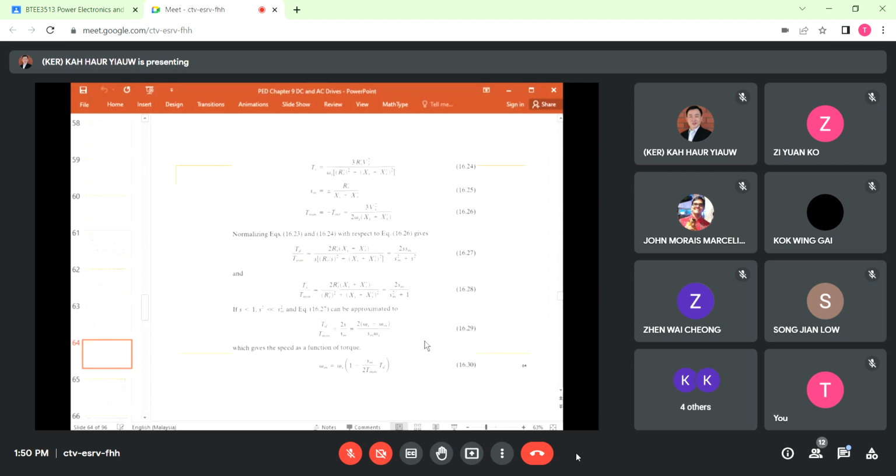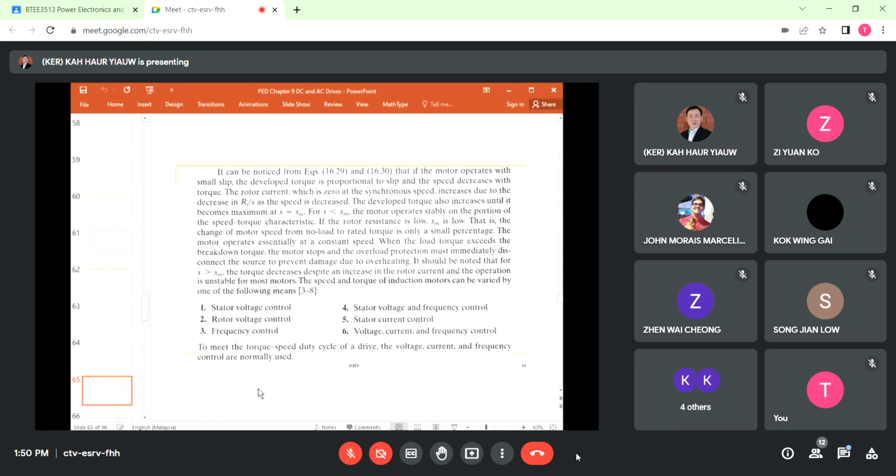By rearranging it, omega m can be obtained in equation 30. It can be noticed from equations 29 and 30 that if the motor operates with small slip, the developed torque is proportional to slip and the speed decreases with torque.